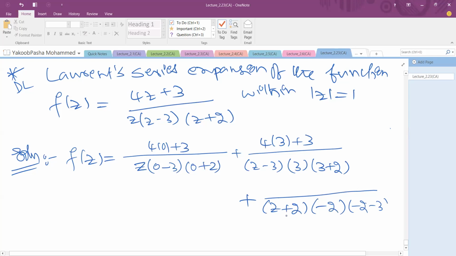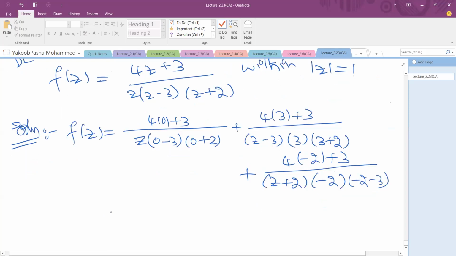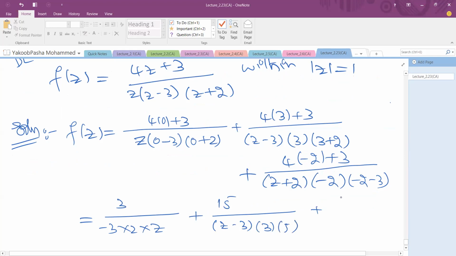So the function f of z is equal to 3 divided by minus 3 into 2 into z, plus 12, this is 15, divided by z minus 3 into 3 into 5, plus minus 8 plus 3, it is minus 5 divided by z plus 2 into minus 2 into minus 5.